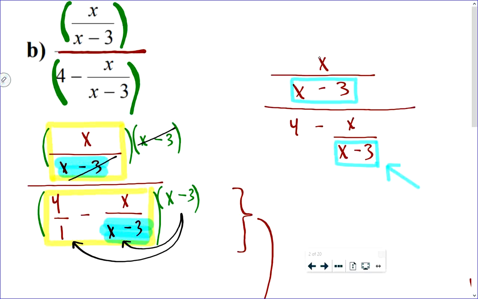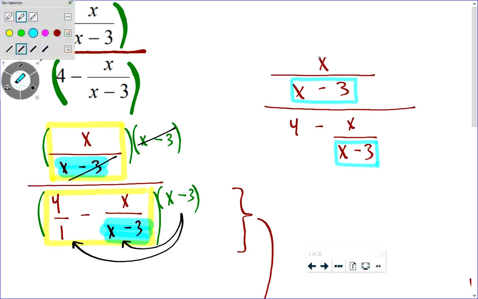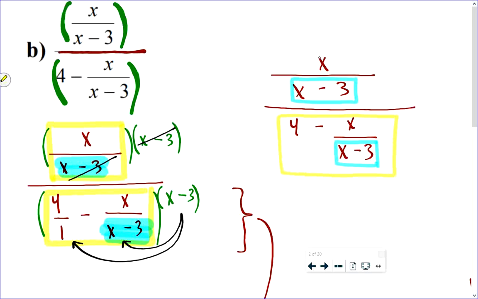The other thing that is not allowed to be 0, and I'll just use a different color here, is this. Because if that's 0, the entire denominator is 0. So let me write out those two statements, and I can erase all this. We're done with this.